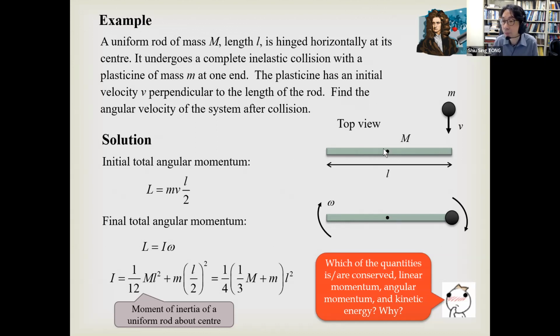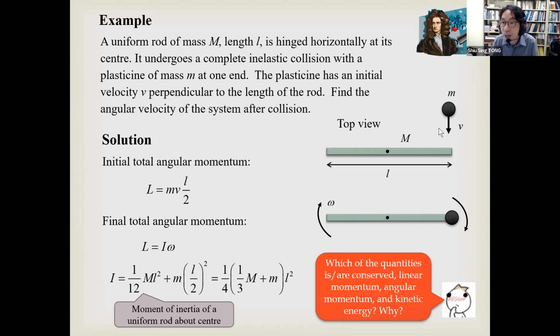And how about energy? Kinetic energy is not conserved because it's an inelastic collision. The persistent, when it collides with the rod, sticks to the rod. That is an inelastic collision, so kinetic energy is obviously not conserved. So the only law that you can apply to this problem is the conservation of angular momentum, but not conservation of linear momentum and not conservation of energy.